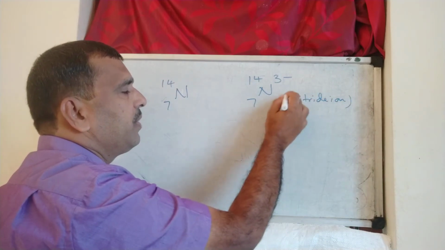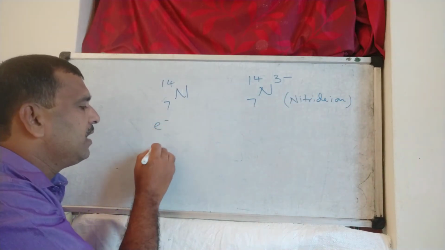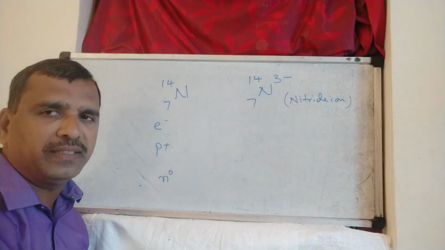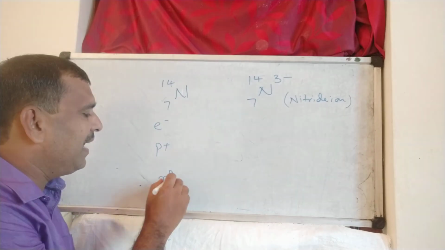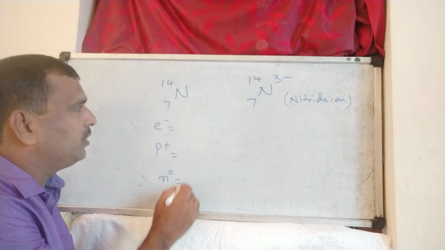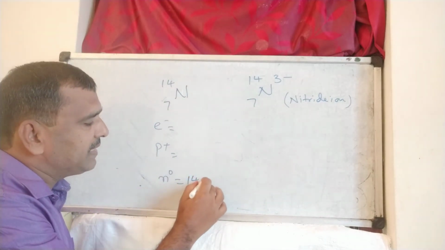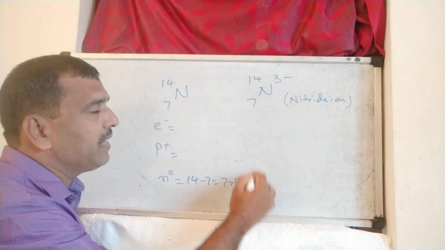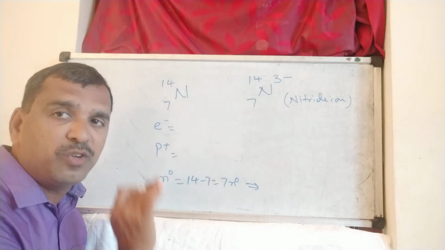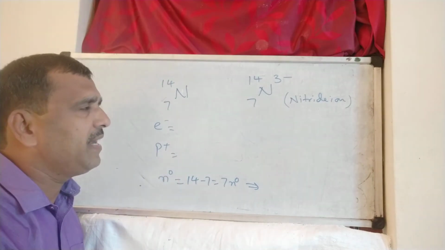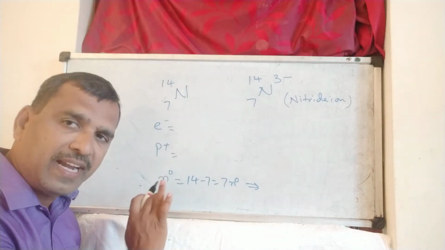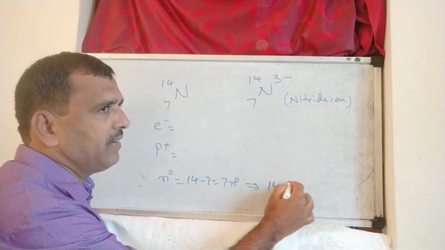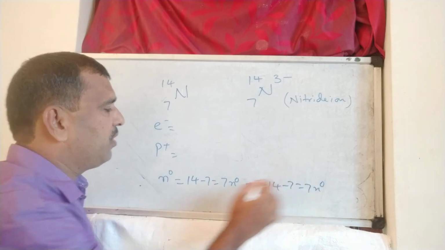Let's go through the neutrons. Here 14 minus 7 gives 7 neutrons, and in the ion also there is no change in the number of neutrons, whether it is atom or ion. So 14 minus 7 is equal to 7 neutrons.